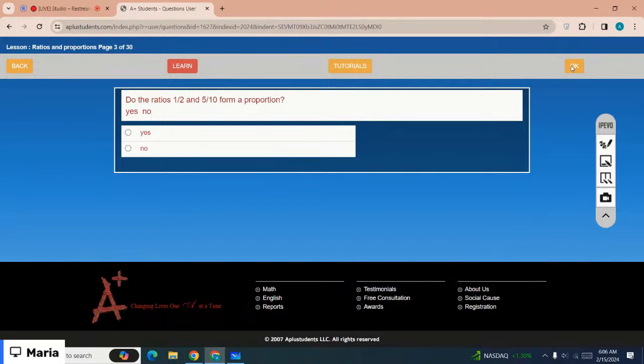Do the ratios 1 by 2 and 5 by 10 form a proportion? Which is the correct option?